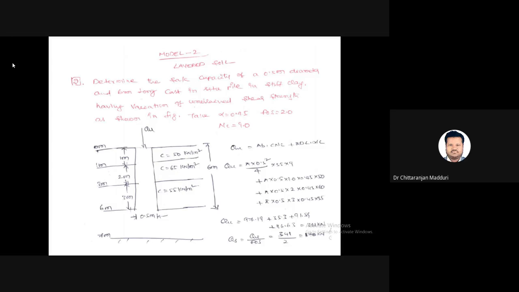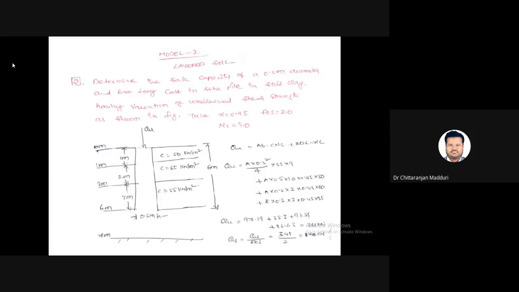Next, the third one: pi into diameter of the pile 0.5, into depth of the layer equal to 3 meters, into alpha equal to 0.45, into cohesion at the bottom layer equal to 55 kilonewton per meter square.